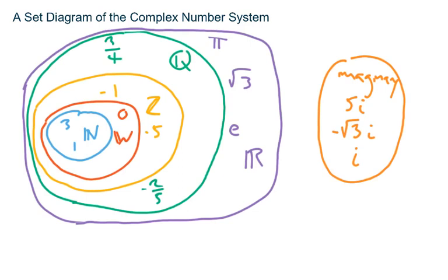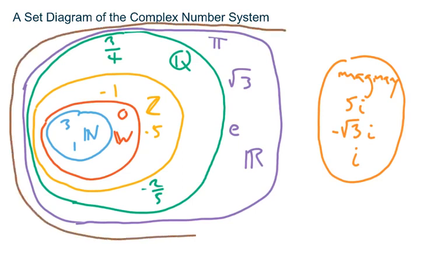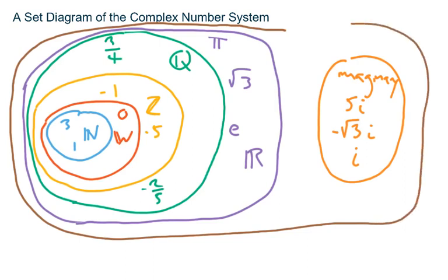But containing everything you see, there's an even bigger set that contains all of this. All the real numbers, all the imaginary numbers, and that's the set of the complex numbers that contains everything.